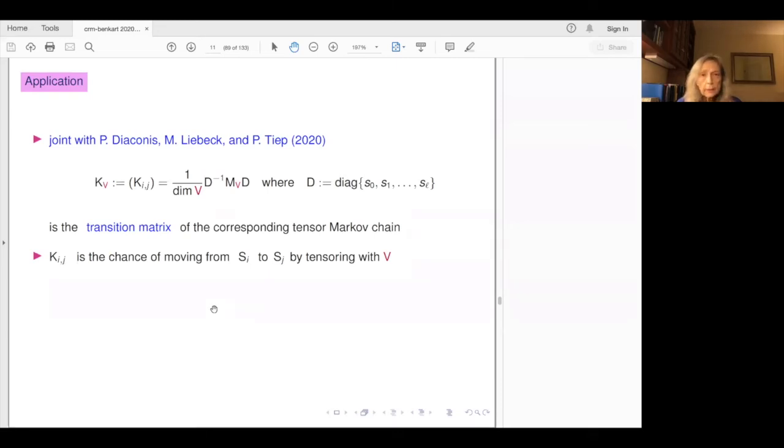So what we're doing here is we're taking our McKay quiver. To each node of the McKay quiver, we assign a probability. It's called the stationary distribution. Essentially, it's made up of products of dimensions of simples, multiplicities that we're getting, and dimensions of what we're tensoring with.